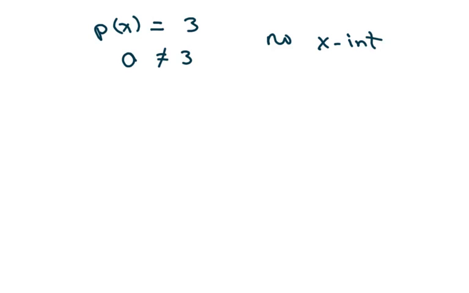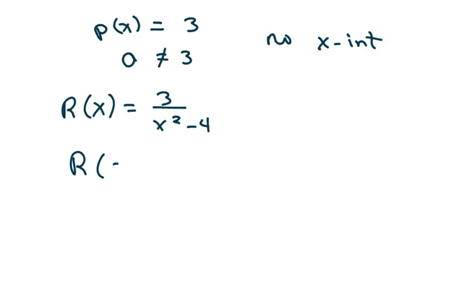And for the y-intercept, here's our equation. You set x to be 0. So we have 3 over negative 4, because that would just cancel. And so negative 3/4 is our y-intercept.